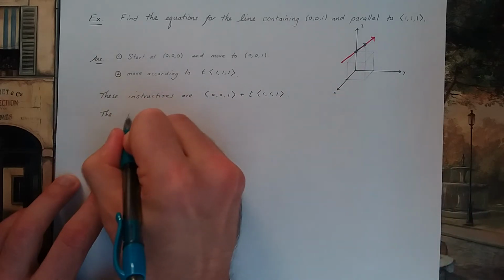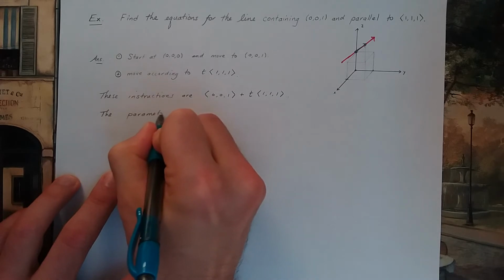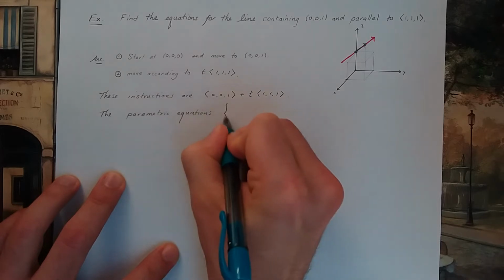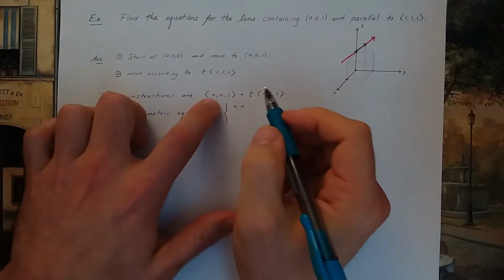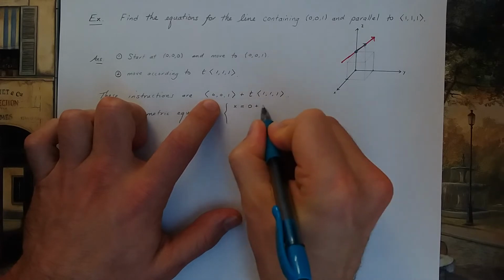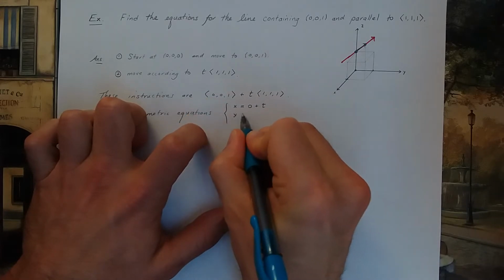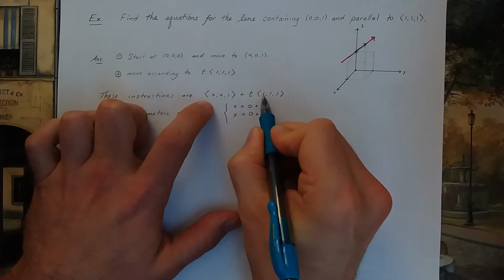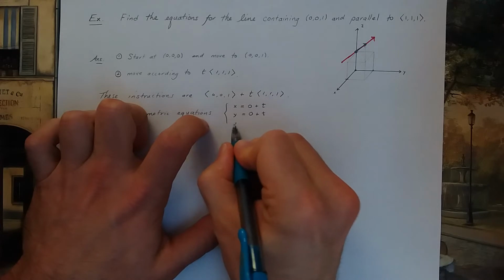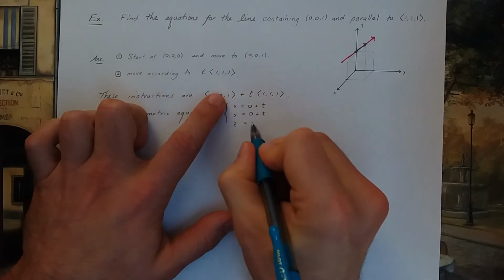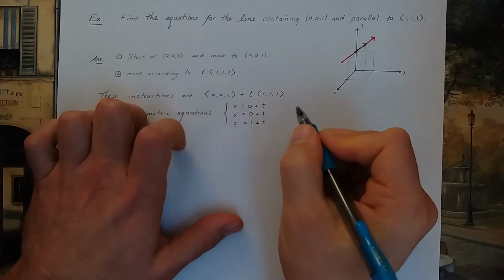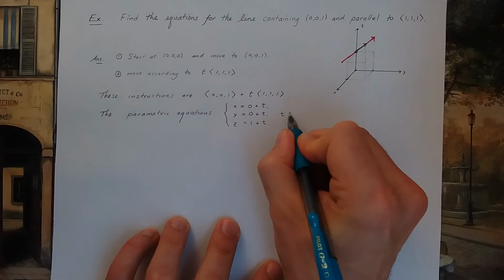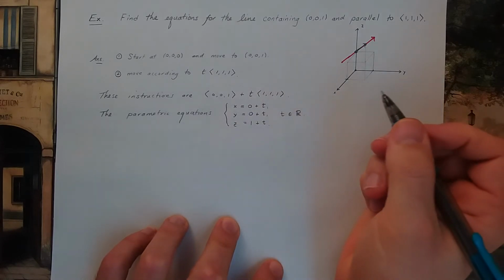So the parametric equations are x is 0 plus t, y is 0 plus t. So x is the first component, y is the second component, and then z would be my third component. In this example, 1 plus t. So these are the parametric equations for my line, and t could be any real number.